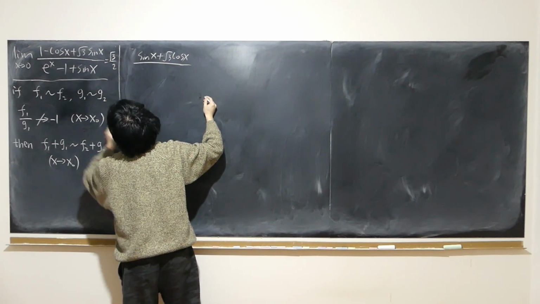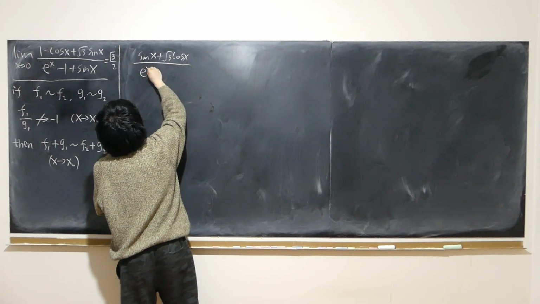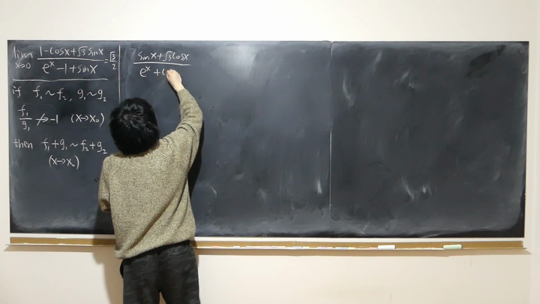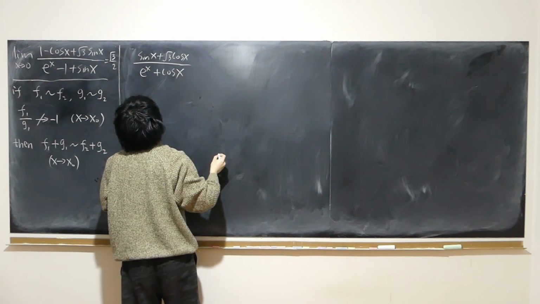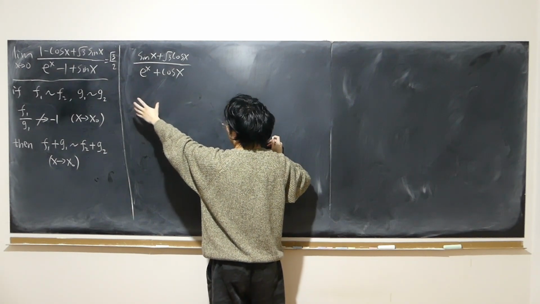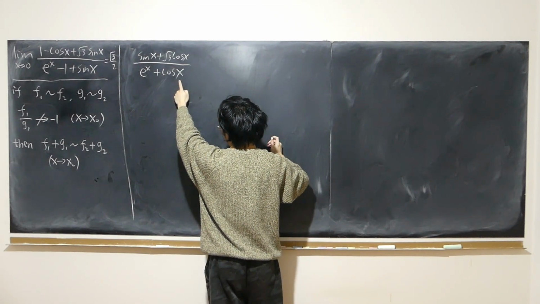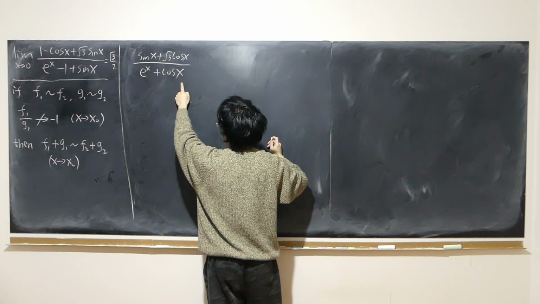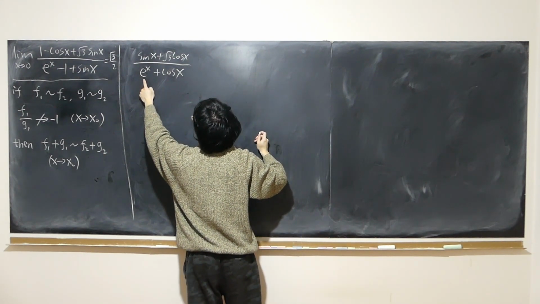Bottom: e to the x differentiates, minus 1 gone, sine x becomes cosine x. Is it still undetermined? As x approaches 0, this approaches 1 and this approaches 1.